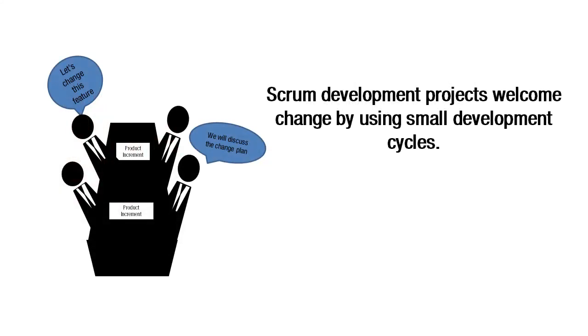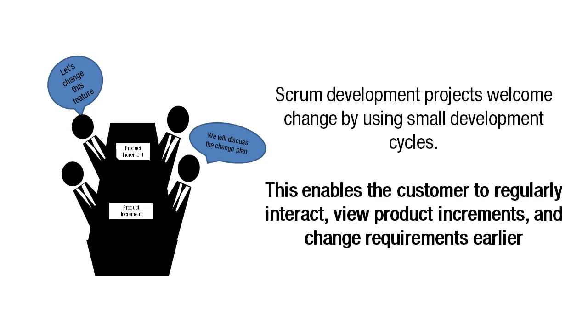Scrum development projects welcome change by using small development cycles that incorporate customer feedback on the project's deliverables after each sprint. This enables the customer to regularly interact with the Scrum team members, view product increments as they are ready, and change requirements early on in the development cycle.